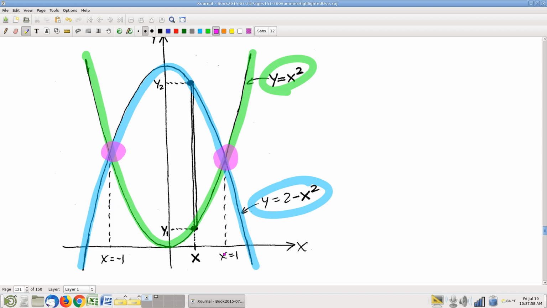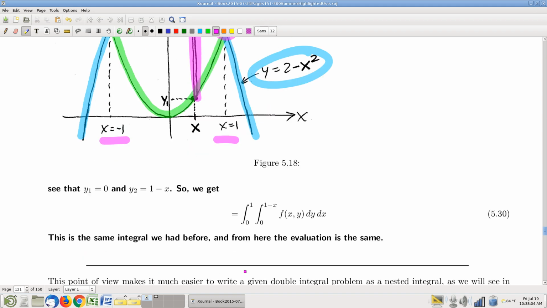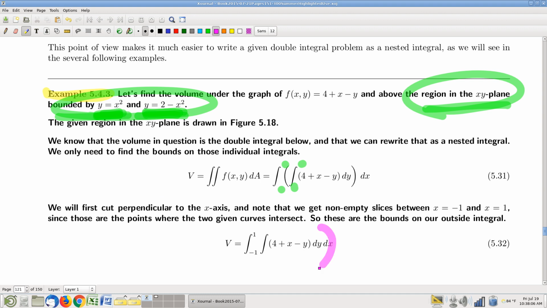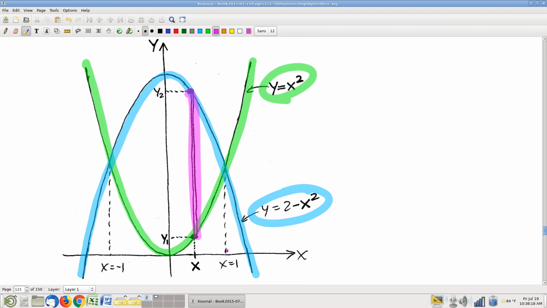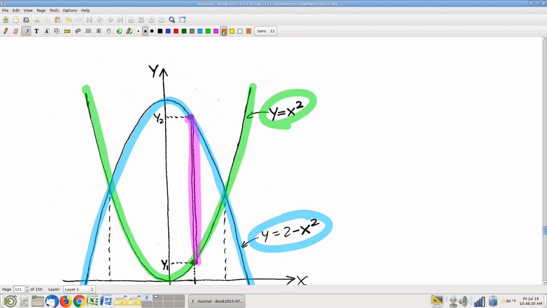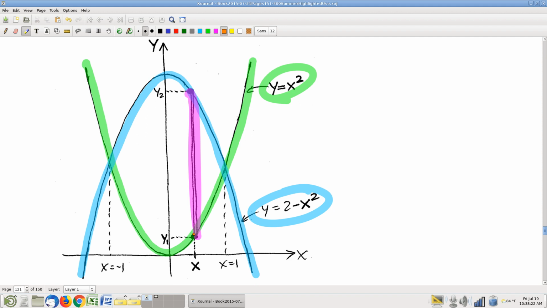Cool. Now I'm going to look at a particular value of x. Oh, let's write this down, by the way. X goes from -1 to +1. Here you go. X, -1 to +1. Okay, outside bounds. Now, for the inside bounds, let's see here. Y, as you go across that slice, y is going to start at that point.